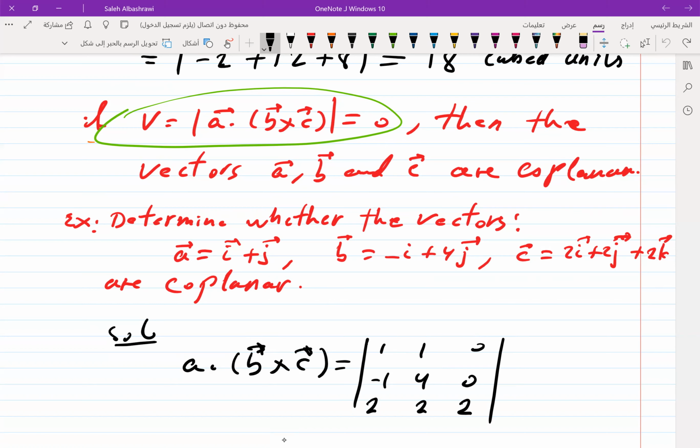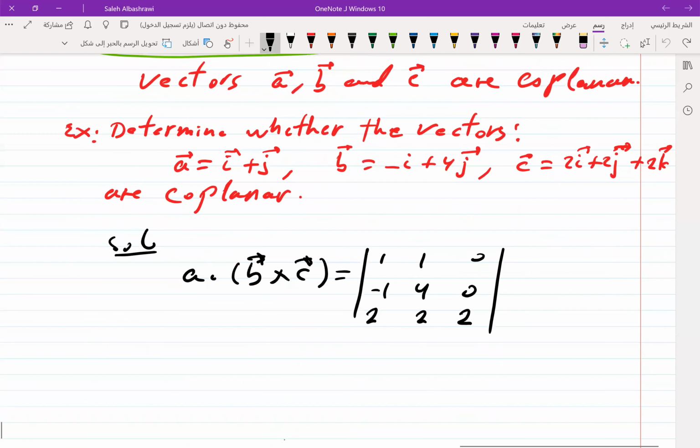We need to find this value and check whether it is 0 or not. The determinant of any matrix can be calculated using any row or any column. If we choose this column, I have only one non-zero element there. This will be very easy to find.